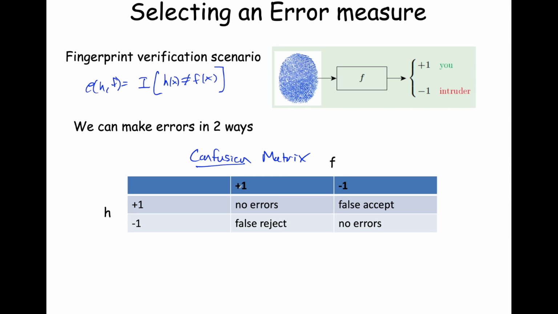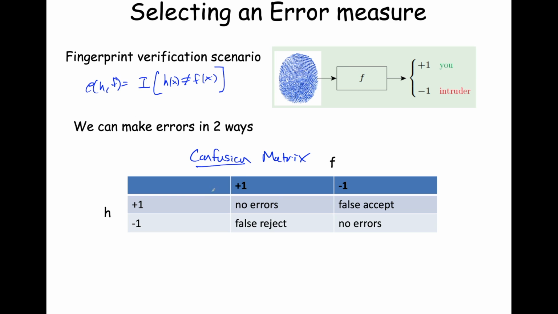Anything in the first column represents ground truth as a +1. Anything in the second column represents ground truth as a -1. Anything in the first row is what the hypothesis outputs for a particular input X. Likewise, anything in the second row corresponds to the hypothesis saying -1 for a particular X.